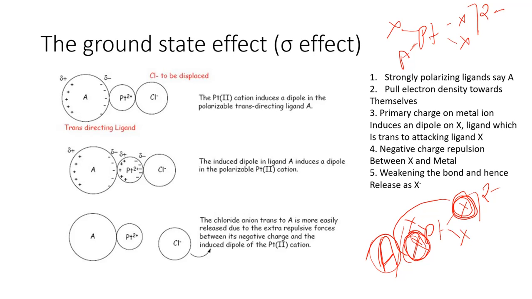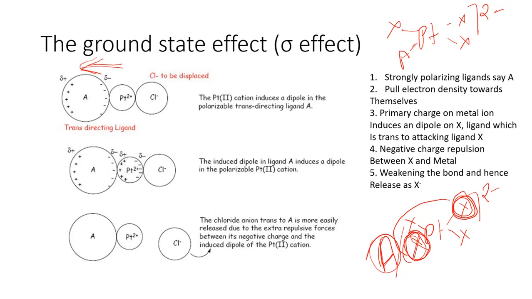If A is a highly polarizing ligand, it will pull electron density from the central metal atom. In our example the central metal is platinum 2 plus, so the A ligand will pull electron density towards itself from the platinum 2 plus ion.